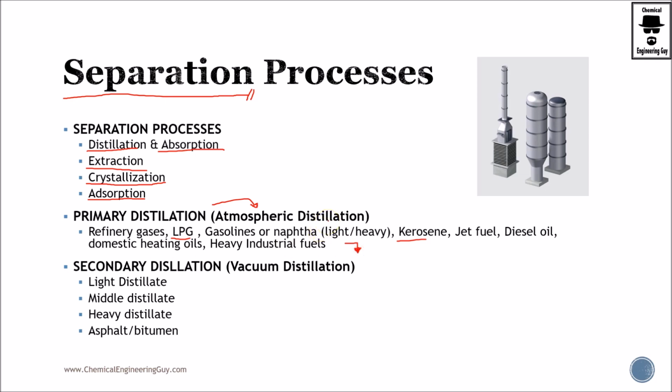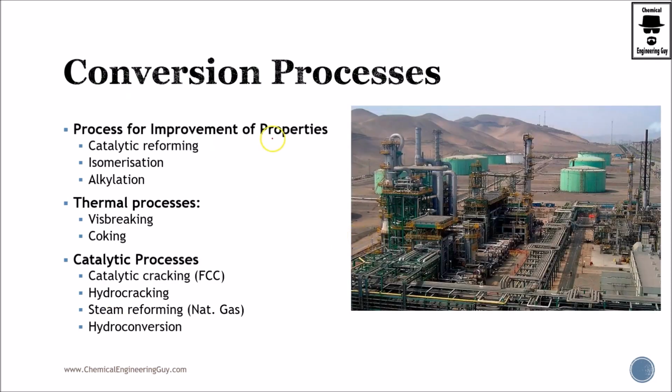These residues go to the vacuum distillation, which is the secondary distillation. And here we're going to produce light distillates, middle distillates, heavy distillates, and further residue is going to be converted into asphalts, bitumen, waxes, and so on.